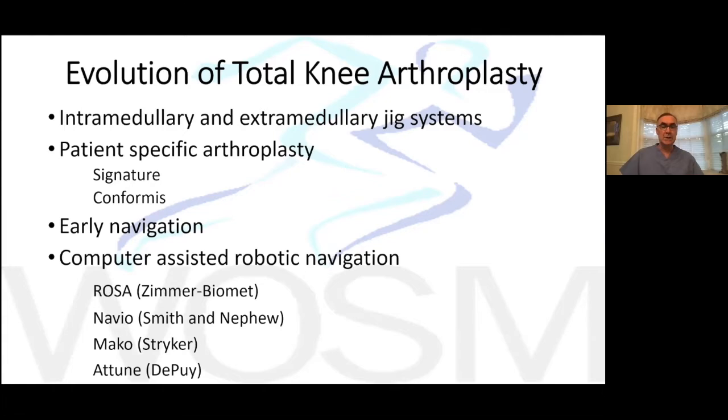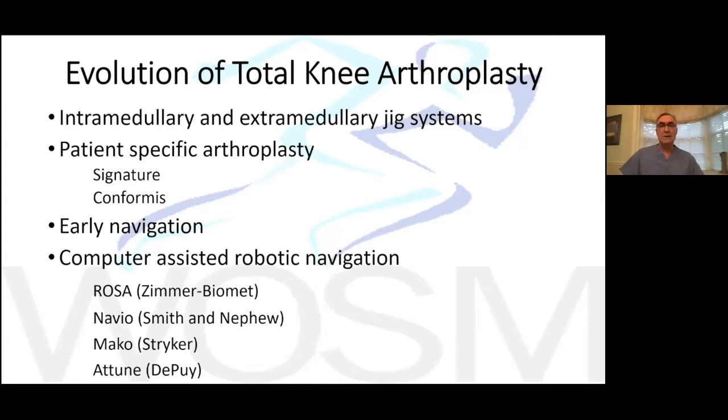Signature was an attempt at generating customized blocks that were specific to an individual patient based on MRI findings. So an MRI was obtained, and specialized jigs were made that not only gave us the correct alignment for the cuts, but most importantly, in my opinion, the real addition was to minimize bone loss.